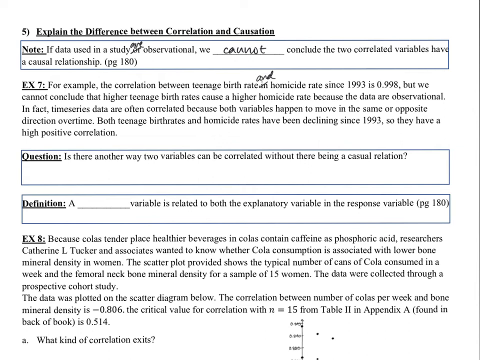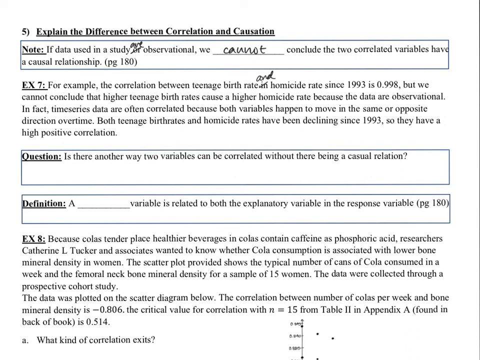But we cannot conclude that higher teenage birth rates cause a higher homicide rate, because the data are just observational. In fact, time series data are often correlated because both variables happen to move in the same or opposite direction over time. Both teenage birth rates and homicide rates have been declining since 1993, so they have a high positive correlation.